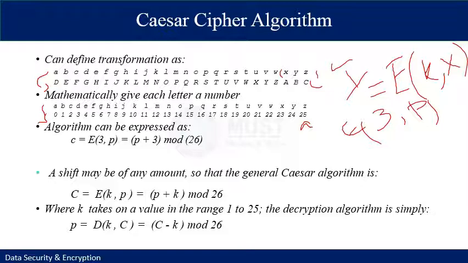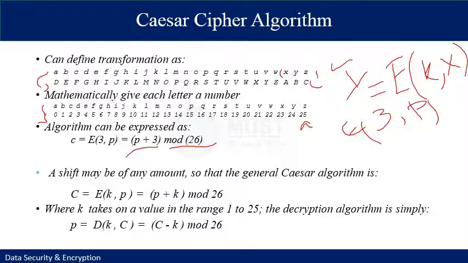In this case, for each letter of each word in the paragraph, we add 3, that means we move 3 alphabets down, and we take the modulus of 26 to actually get the encryption.